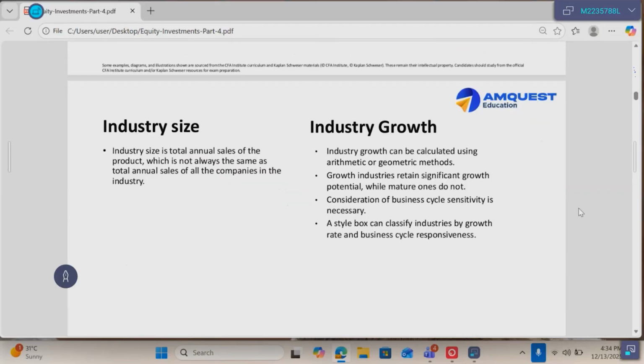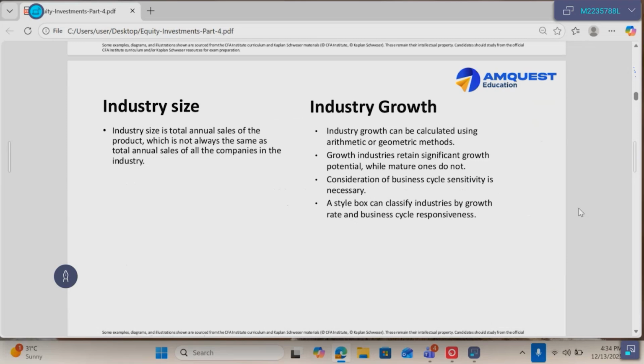Then talking about the industry size, the industry size is the total annual sales of the product, which is not always the same as the total annual sales of all the companies in the industry. Now, the best example I've given you is Reliance. So Reliance का petroleum में जो total उनकी sales है, that will be included in the sales of the industry. जो telecom में है, that will be Jio. जो telecom है, that will be included in the telecom. और उनकी जो Reliance Fresh वो है, that will be included in, let's say, food and beverages.